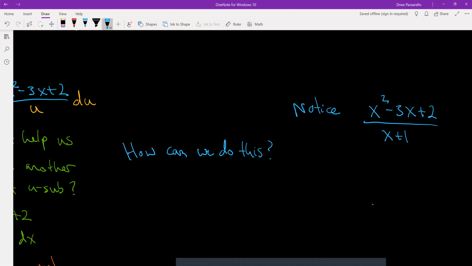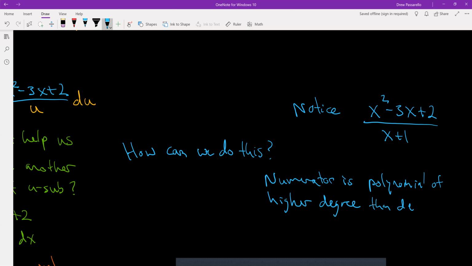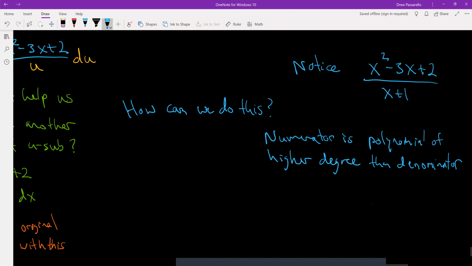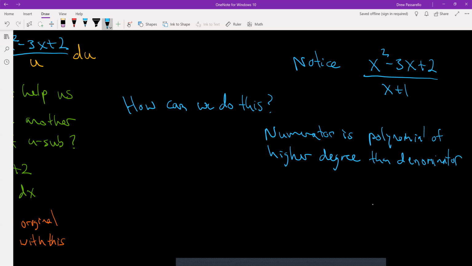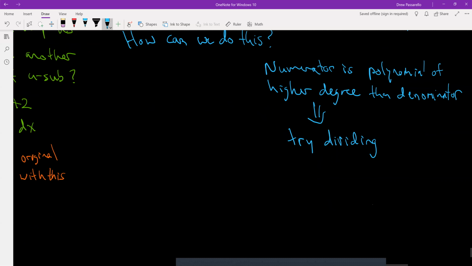So the numerator is a polynomial of a higher degree than the denominator. So we could try dividing the numerator by the denominator, which is going to involve long division.